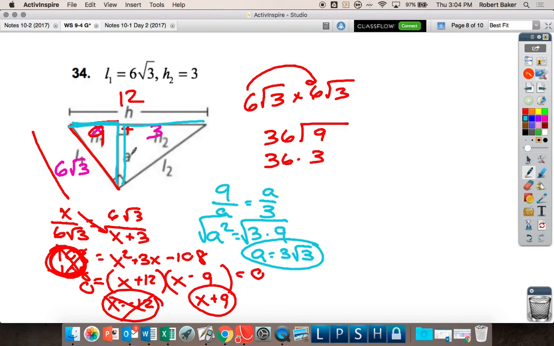So a is 3 square root of 3. And then you do... Look how fast that one was. That's the fun. Pretty easy numbers there. We don't have any nasty radicals, no nasty factoring.